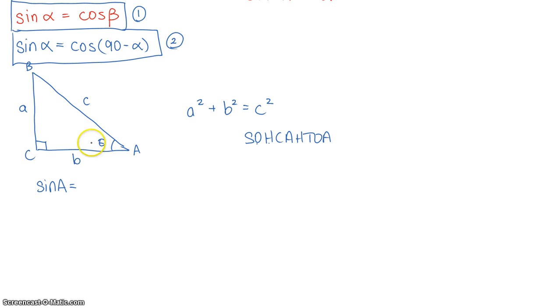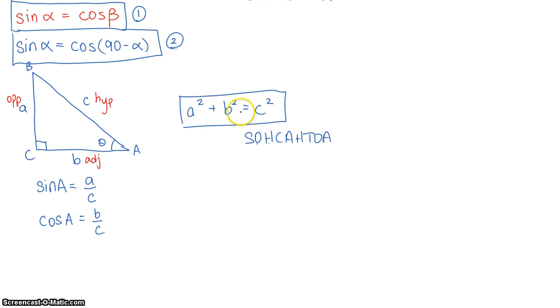If we label our theta, we have an opposite over here, hypotenuse here, and adjacent here. So sine of A is going to be A over C. Our cosine of A is going to be our adjacent over our hypotenuse, B over C.